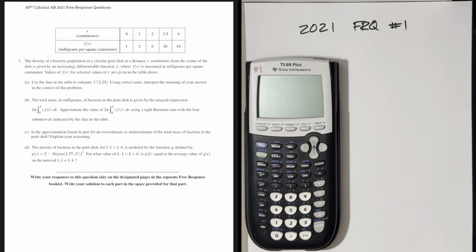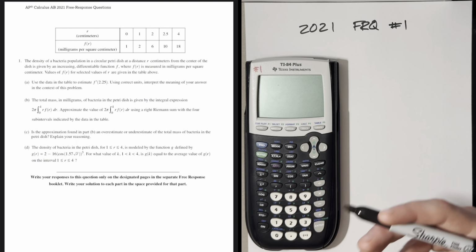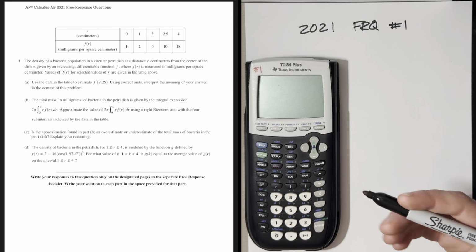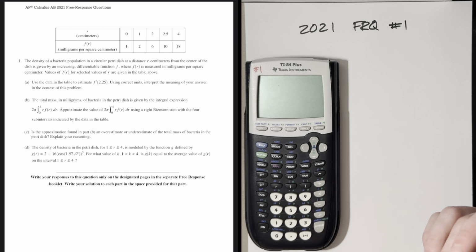Milligrams per square centimeter. Values of f of r for selected values of r are given in the table above. So we got this table, and at these different points for a radius, where a radius is 0, 1, 2, 2.5, and 4, they give us the density at that point.